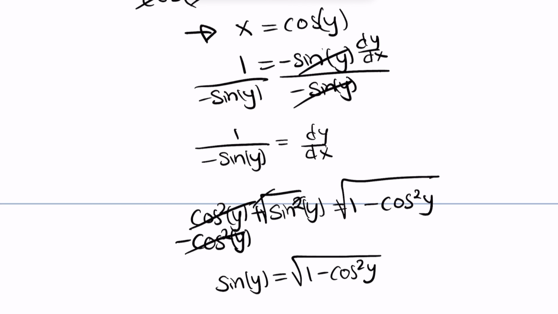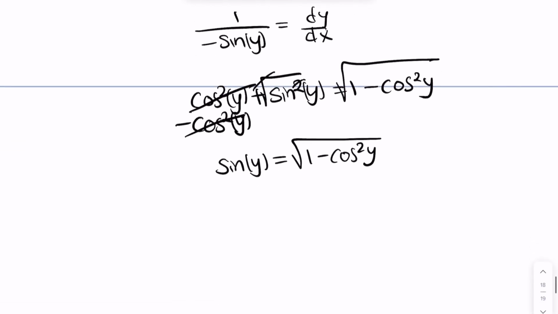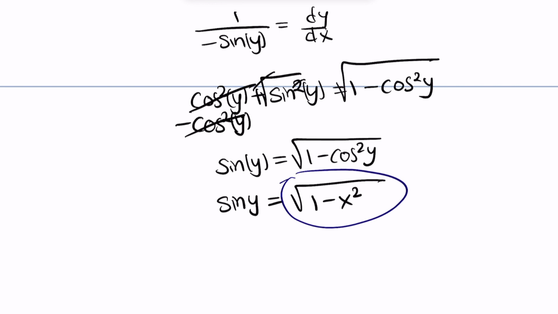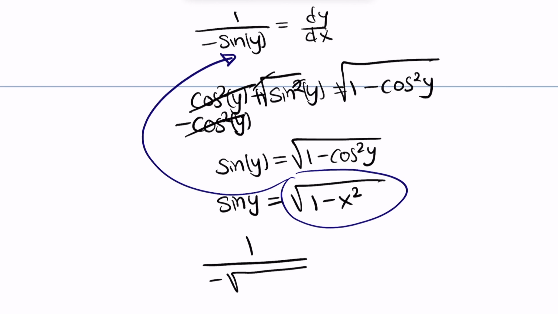So we're going to try to go back to x, which is very important. So we have sine y is equal to square root of 1 minus x squared. So we're going to substitute this into here. So we have 1 over negative square root of 1 minus x squared is equal to dy/dx.